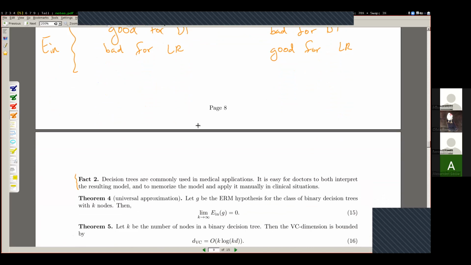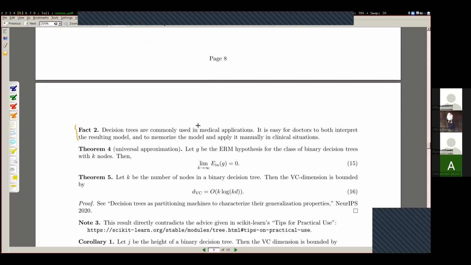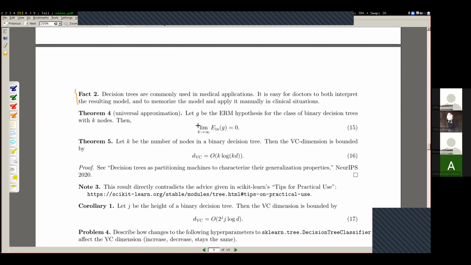So whenever doctors are telling somebody they have a certain disease, they're just evaluating a decision tree in their head. That decision tree was probably learned on data and not just created out of thin air. And I don't know of any other situation in the world where people are currently using decision trees today.